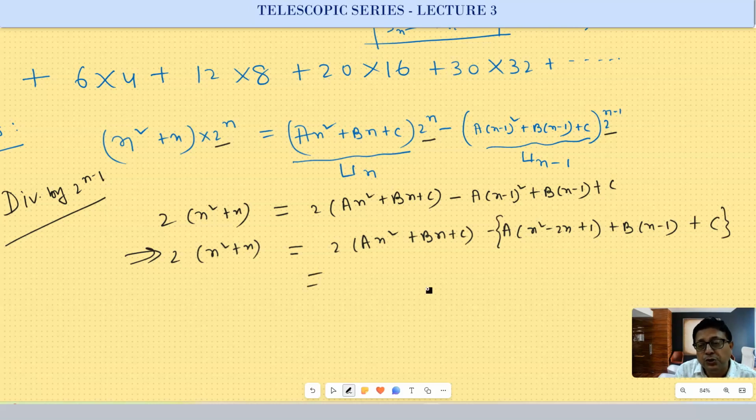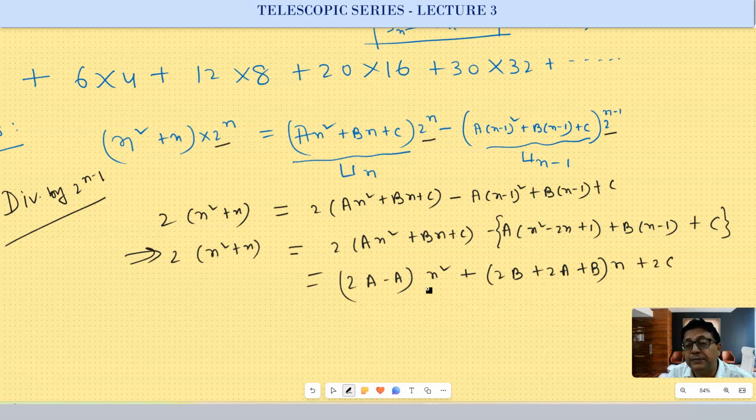So now n square has coefficient 2a here and minus a here, 2a minus a times n square. And the coefficient of n is 2b, minus minus plus 2a, again minus b, n, and then the constant term plus 2c minus a plus b minus c.